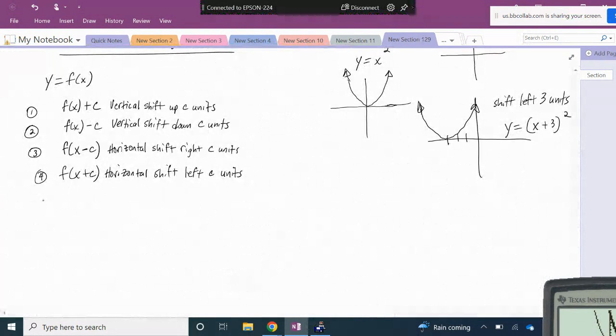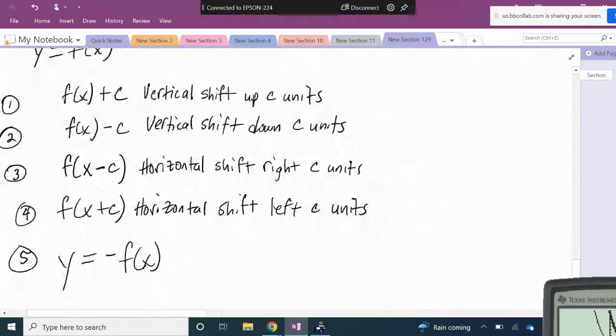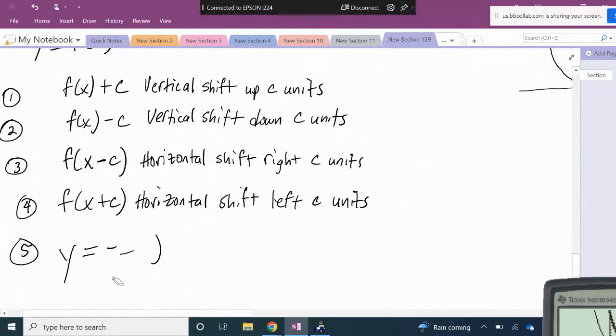Now, the last transformation we're going to talk about is reflect across the x-axis. So we have y is equal to negative f of x.